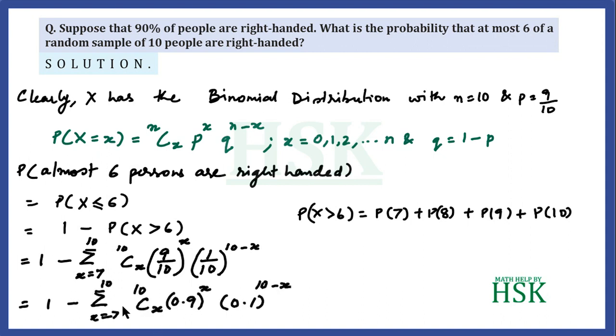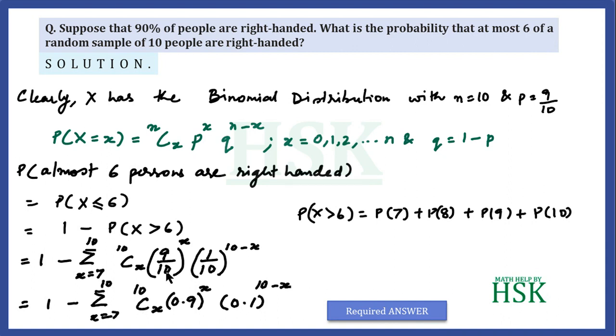Further this can be simplified as 1 minus the summation of 10Cx, 0.9 to the power of x into 0.1 to the power of 10 minus x, when x takes the value from 7 to 10. So this is my required answer.